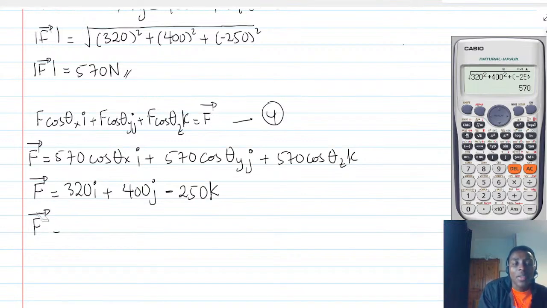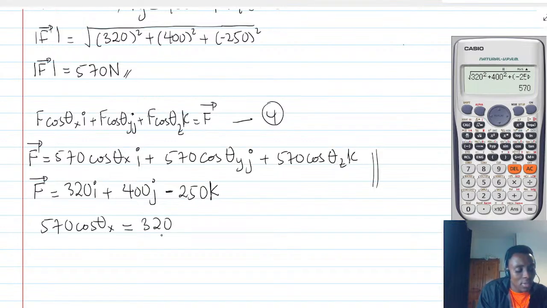Now comparing these two equations, you can see that 570 cos theta x is the same as 320, right? And then you can also see that 570 cos theta y is 400.